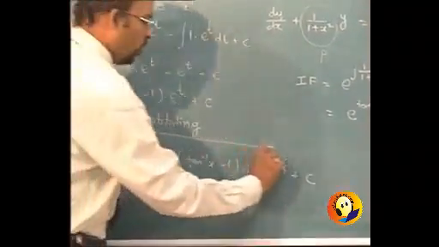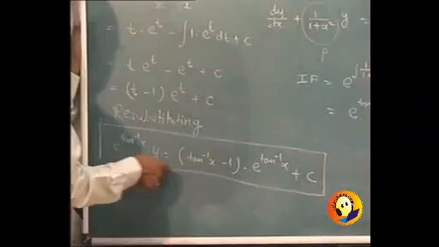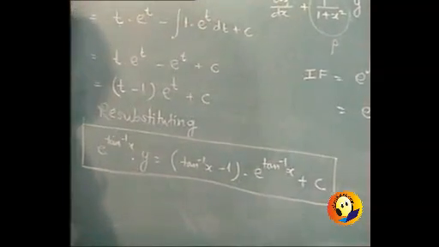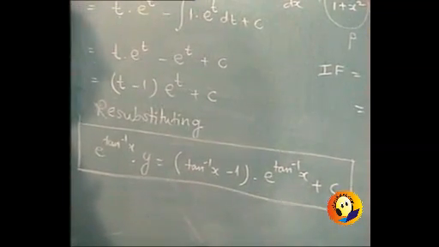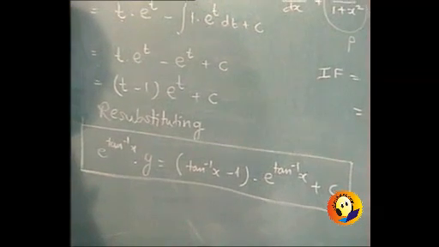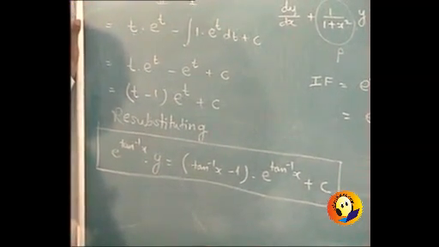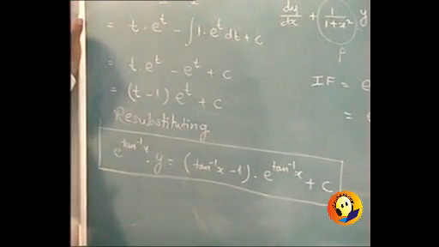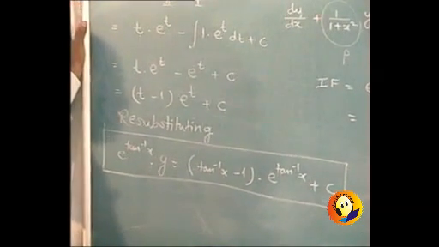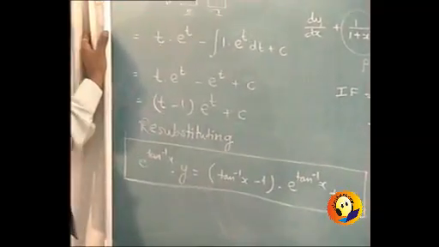That is the solution of problem number 2. Though the terms involved in the problem were complicated, like tan inverse x, 1 plus x square, still the problem turned out to be one of the simplest problems because it was directly available as the linear differential equation.